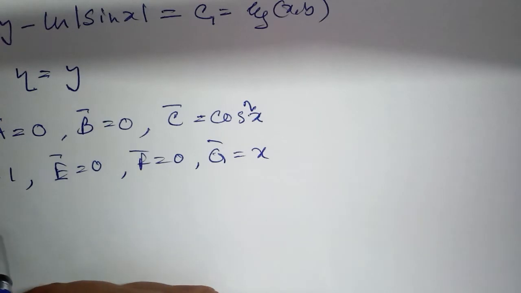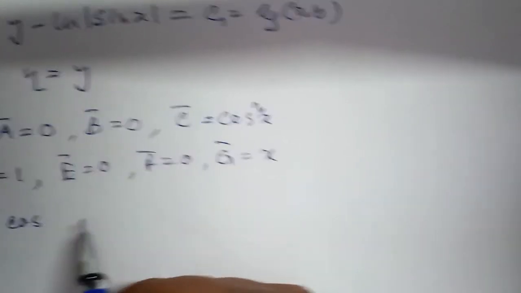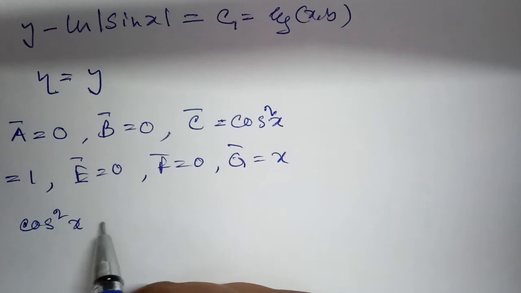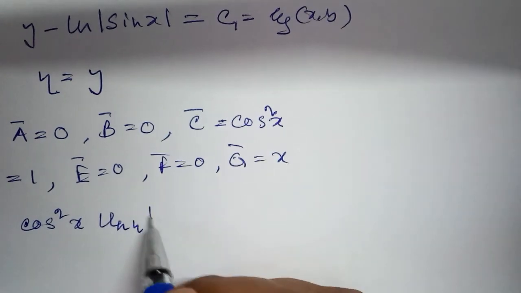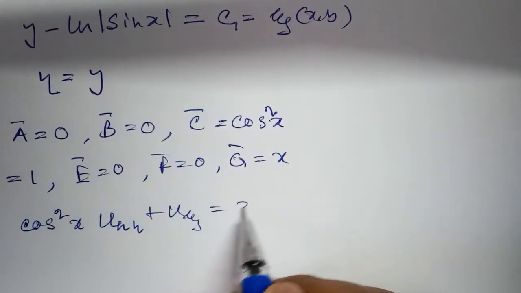Hence we find out the equation as cos square x u eta eta plus u xi is equal to x.